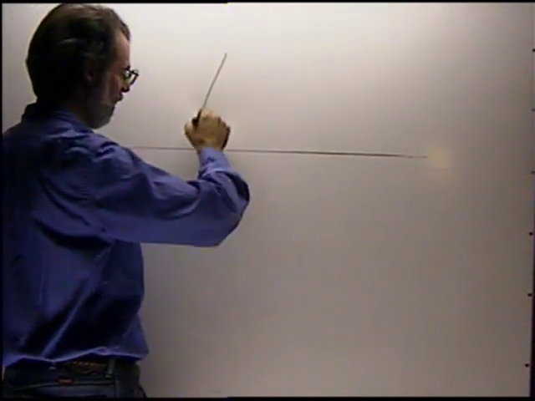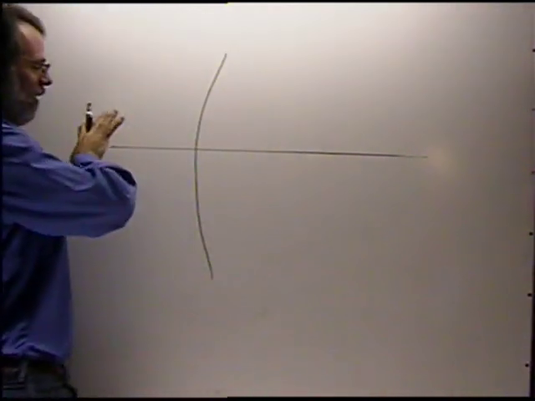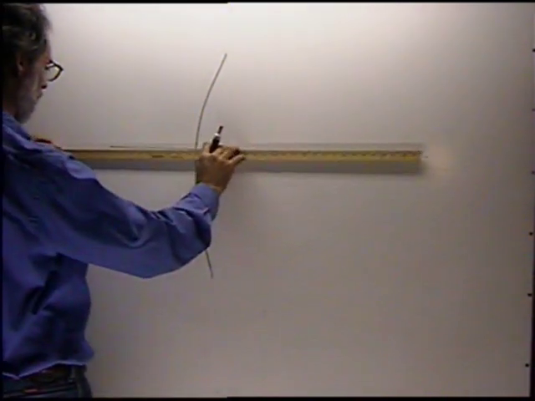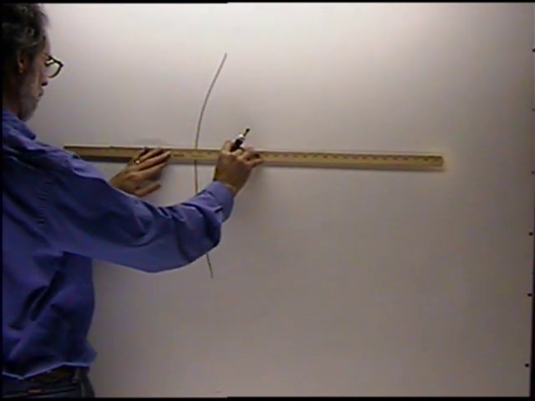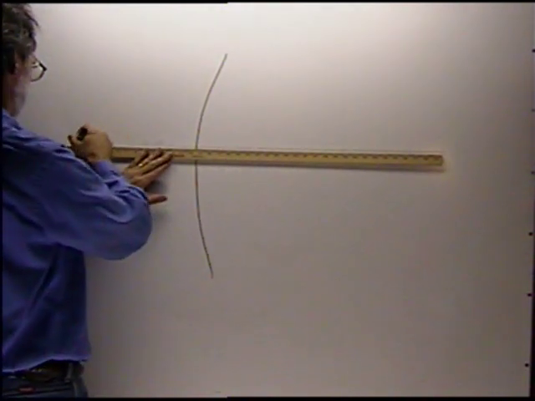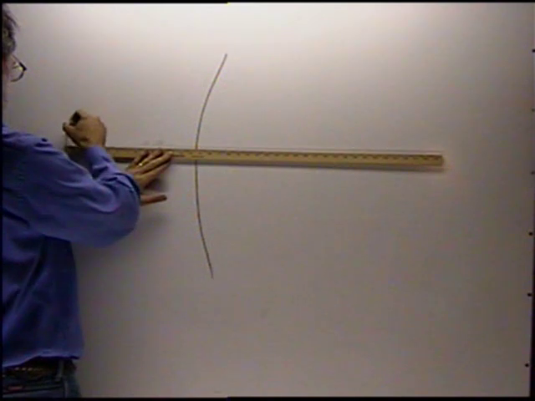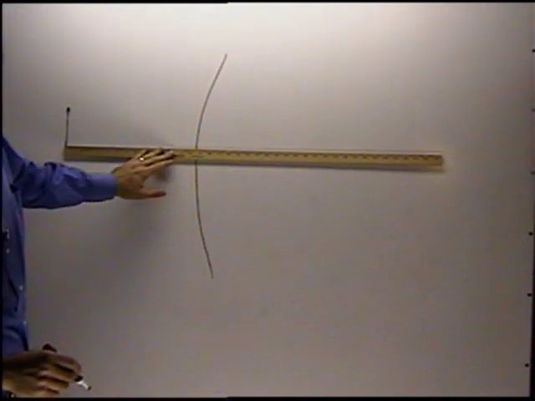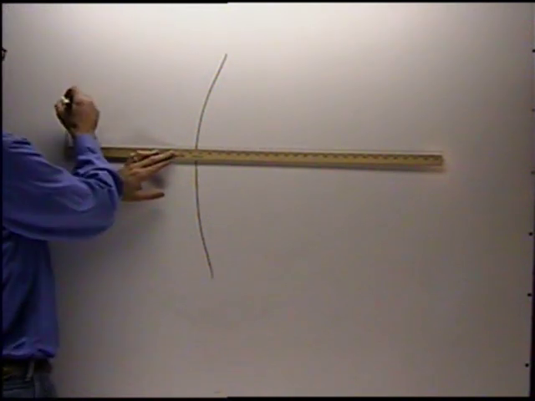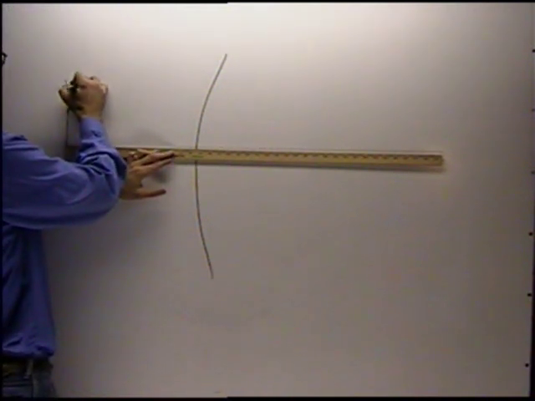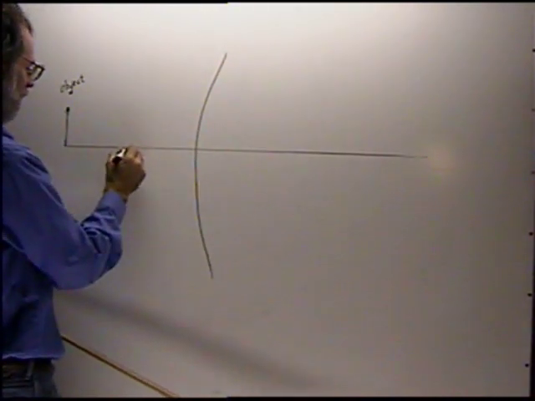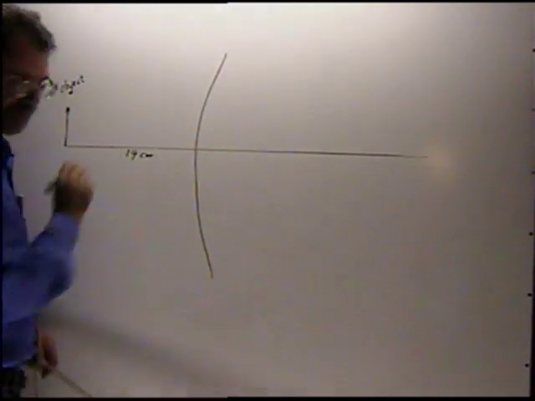Here is a convex problem. So it bends like that. The object is 14 centimeters away. So here's the object. It's 14 centimeters.